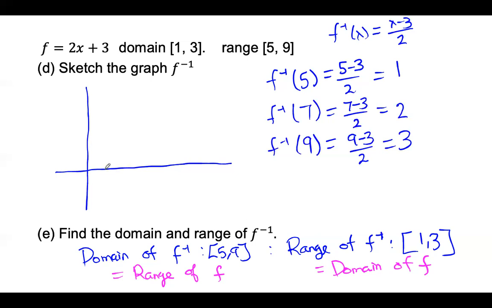Okay, so then we can plot this. So we could plot 5 over here, 9, and 1 and 3. So it's going to look like that.